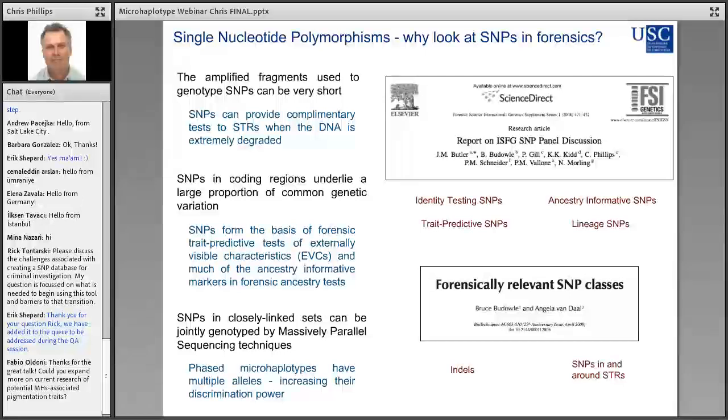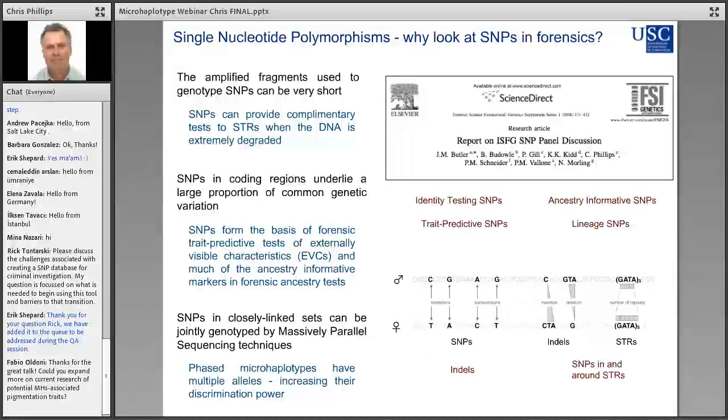I'd add two other classes of SNPs since the panel discussion. Indels, we've looked at indels in detail because they provide a number of properties that are complementary to normal binary SNPs. And we're also able to look at SNPs in and around STRs now with the advent of MPS.